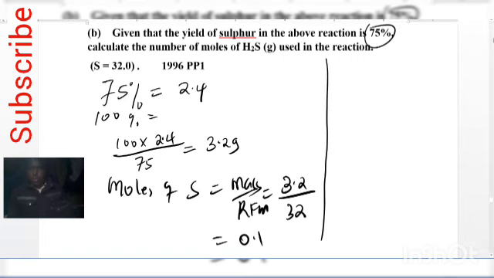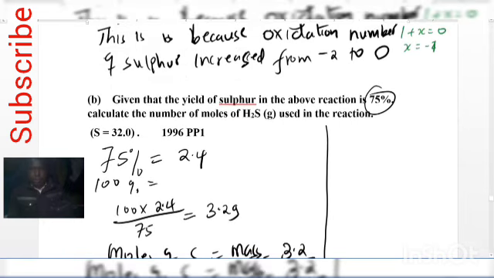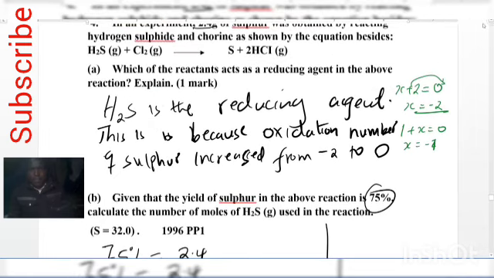From the equation, again, if I take you back, the mole ratio for sulfur and hydrogen sulfide is 1:1. You can see, meaning that the moles of sulfur will be equal to the moles of hydrogen sulfide.